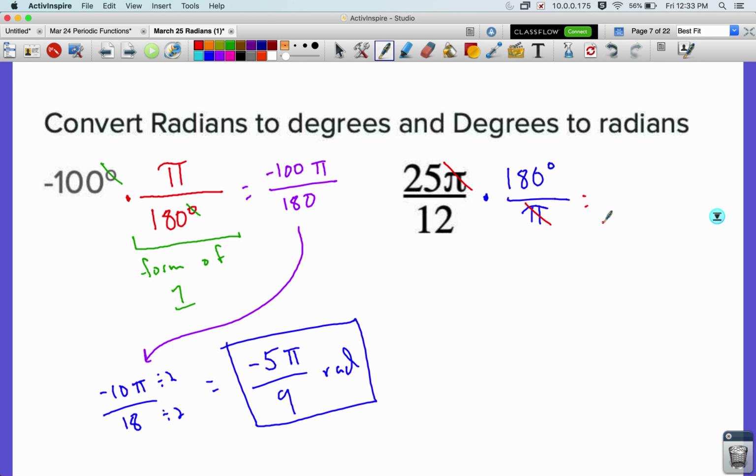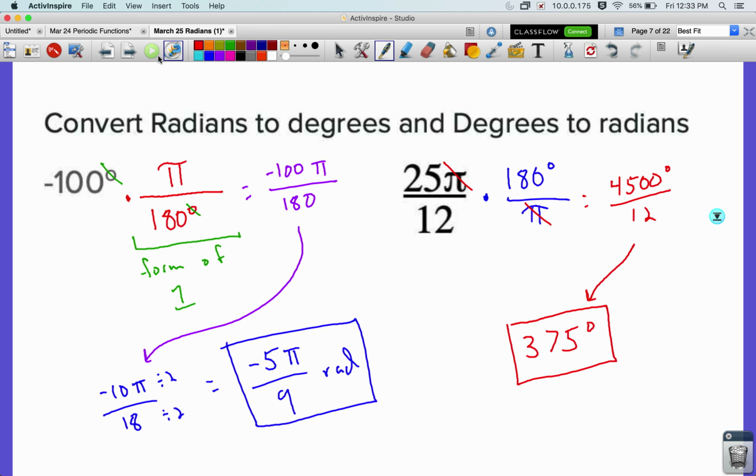Multiply across the top, we get 25 times 180 degrees equals 4,500 degrees divided by 12. Let's see if that 12 divides in evenly. It does. This becomes 375 degrees, and we do have to write that little degree symbol. Okay, so that's how we convert.